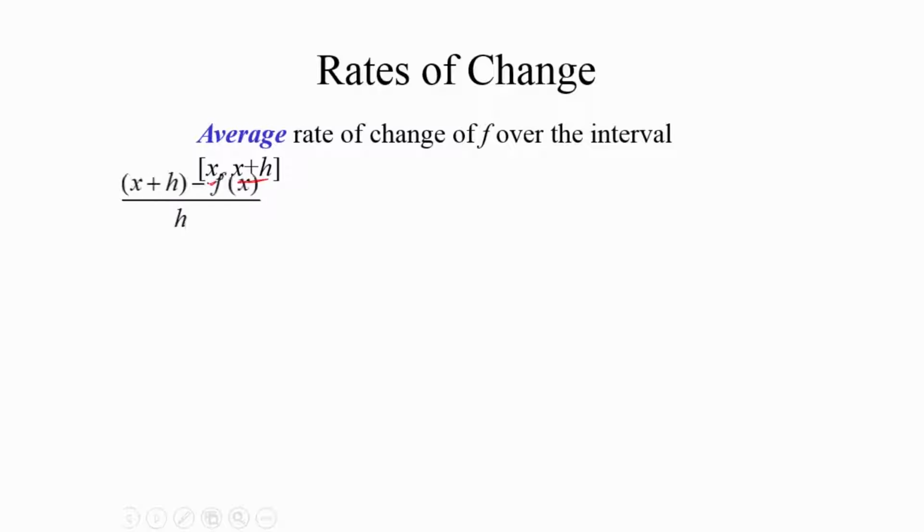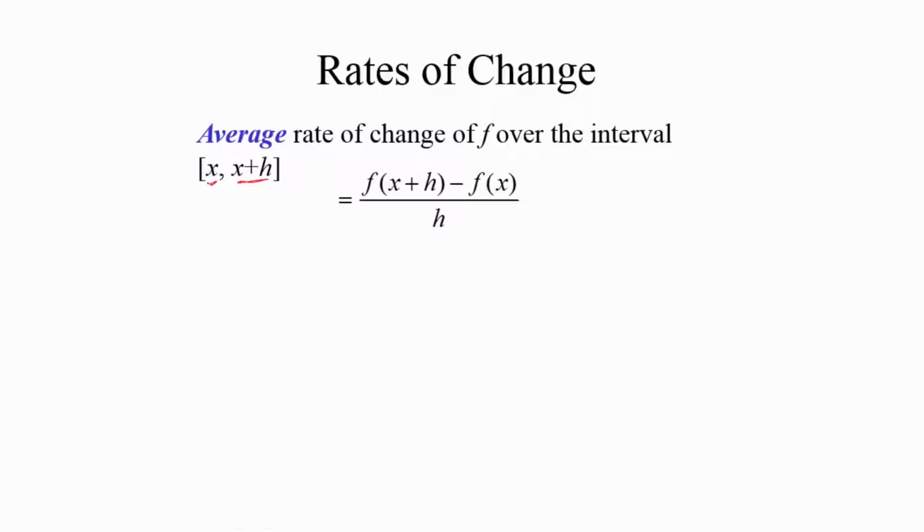The way you calculate the average rate of change is f of x plus h minus f of x, divided by h. What does that mean? That means you evaluate your function at x plus h, and from that you subtract the function itself and then divide by h. We're going to solve a problem like that.